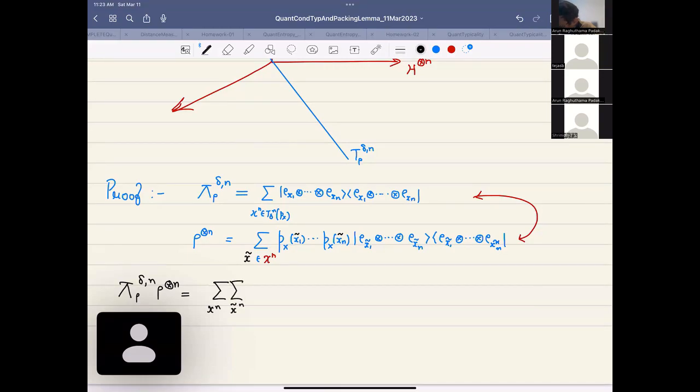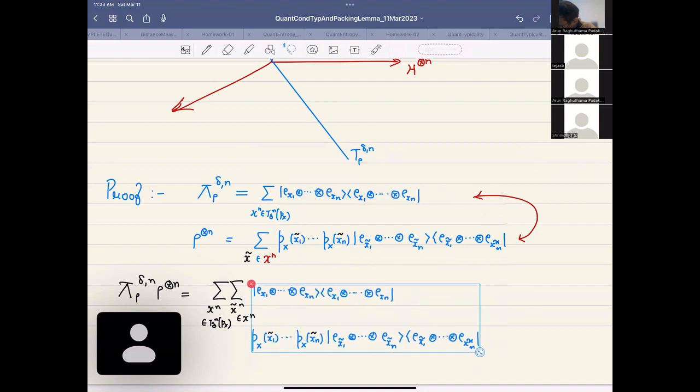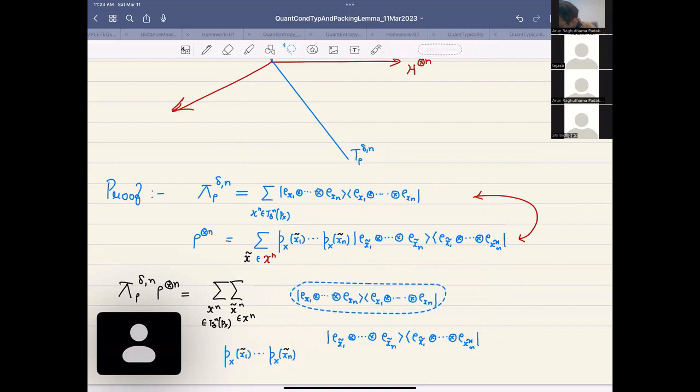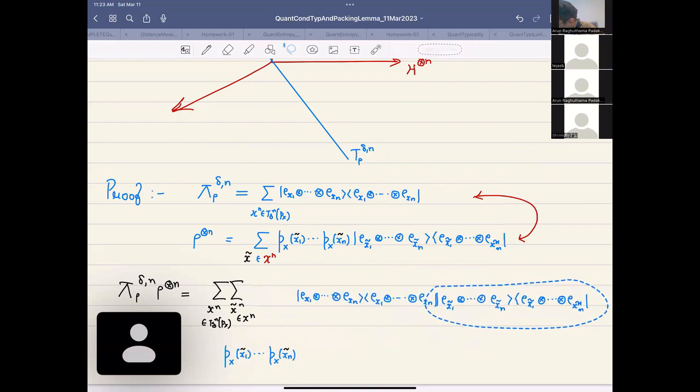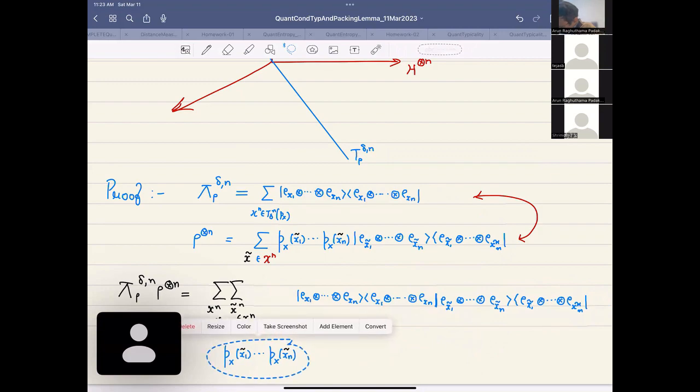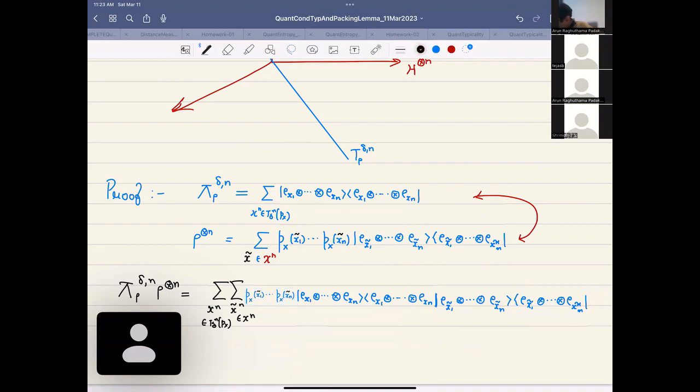This x^n belongs to T delta n of P_X, this x tilde n belongs to X^n, and I am going to multiply these two objects. I pull this to the left, squish this a little bit and put it here. Now look at this. This will survive only when x^n equals x tilde n.